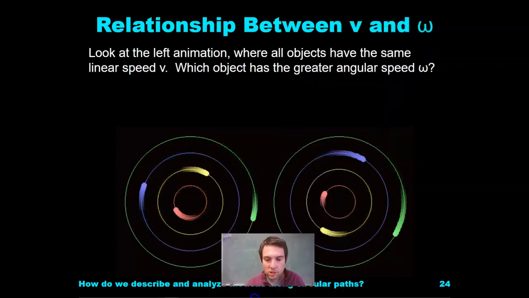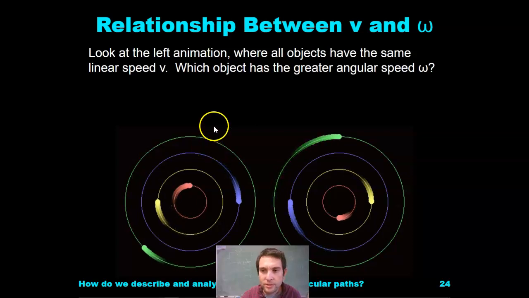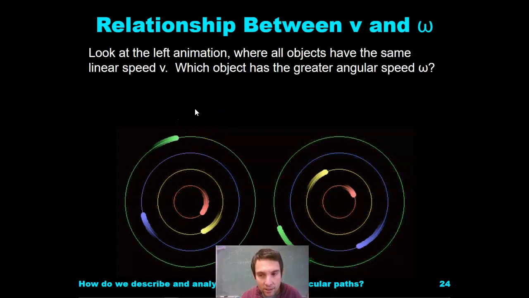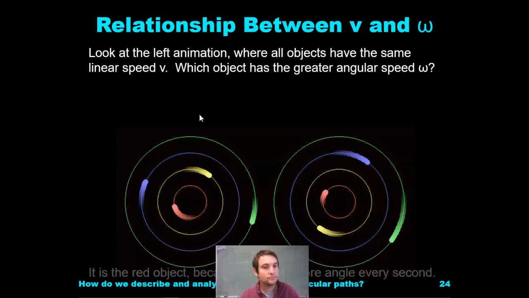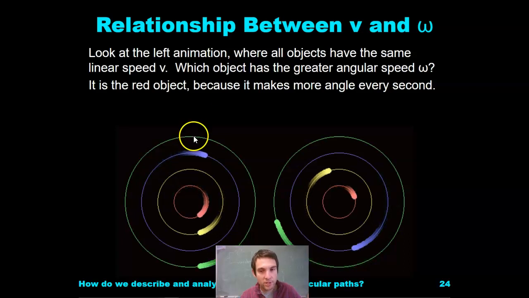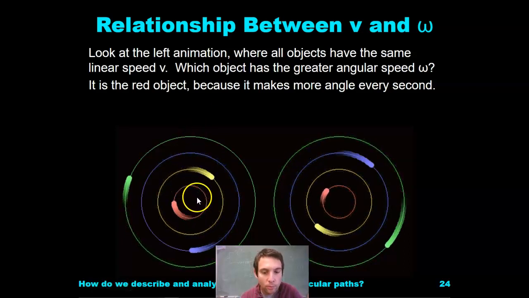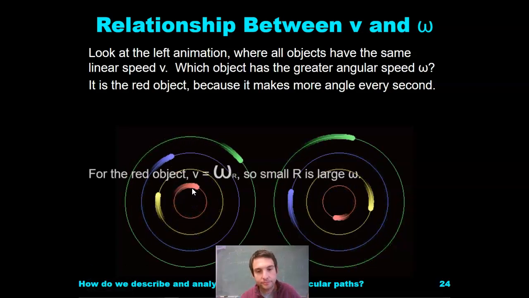Looking at the left animation, where all objects have the same linear speed v, which object has the greatest angular speed, omega? It's the red object, because it makes more angles every second. So more angles every second gives it a greater angular speed.